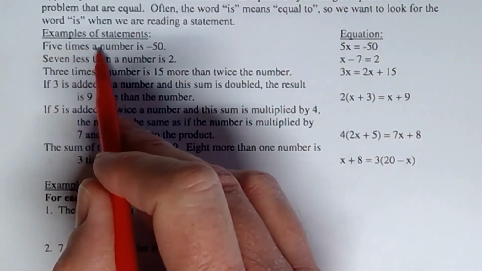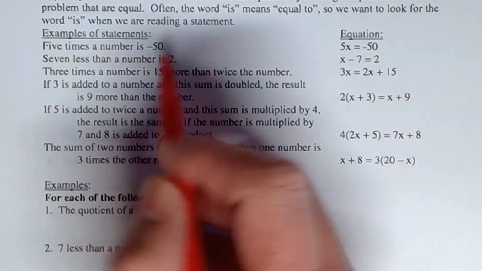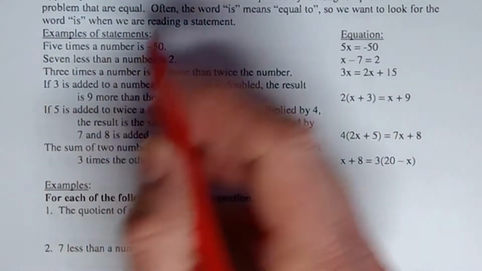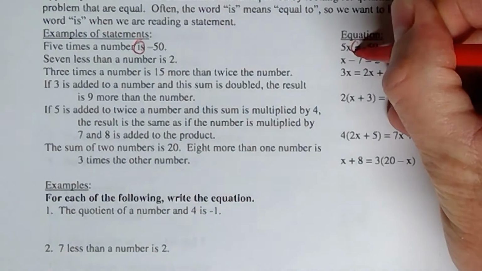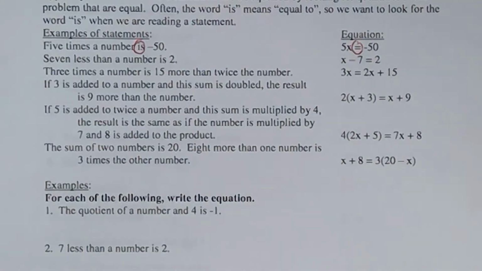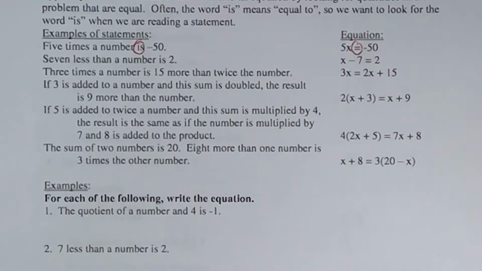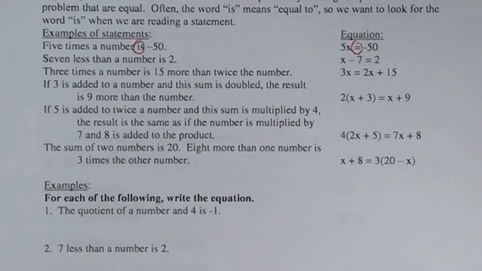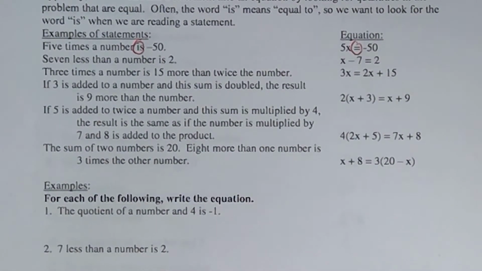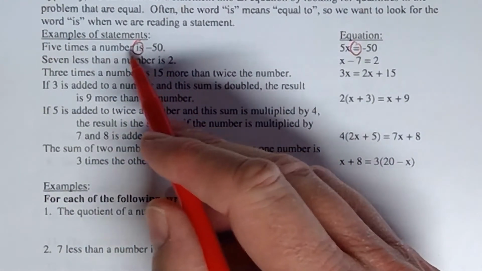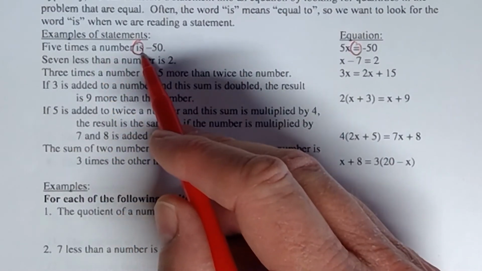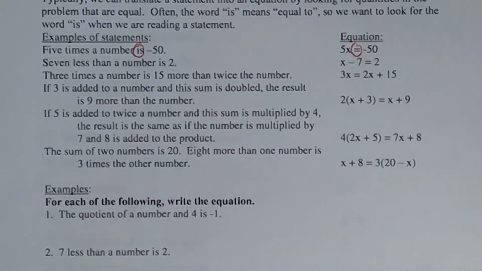So same thing here. 5 times the number is negative 50. That means that 5 times the number equals negative 50, right? So the word is usually means, not always, as we'll find out here, but it usually means equal. If there's mathematical stuff on each side of the word is, that usually means that.